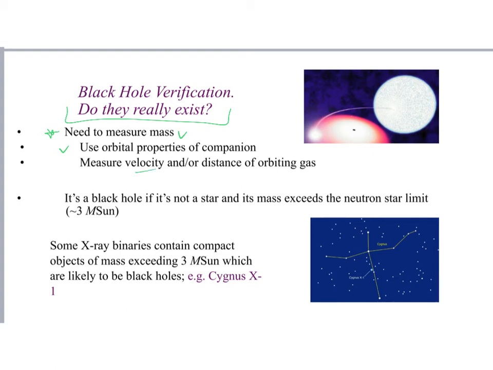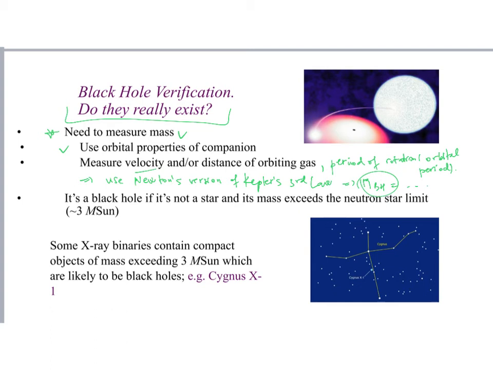Okay, so we either measure velocity or distance or period of rotation or orbital period, and then use Newton's version of Kepler's third law, and we can calculate the mass.